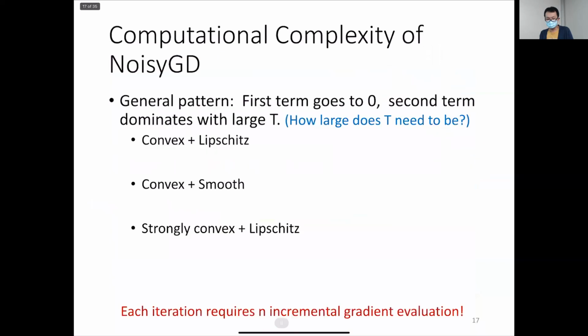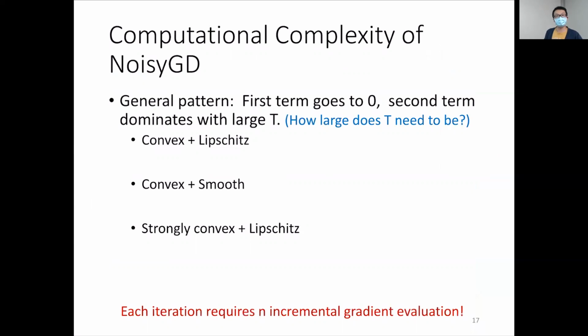Let's talk a little more about the computational complexity of noisy gradient descent, and then see whether this computational barrier can be resolved by running a different version of it, called noisy stochastic gradient descent.